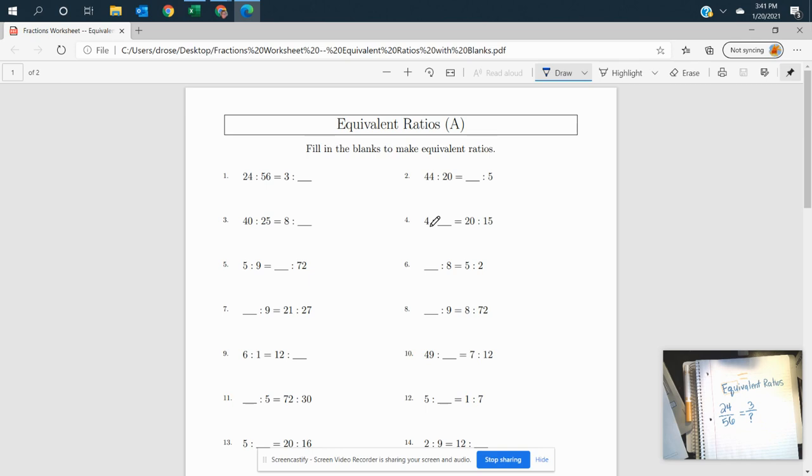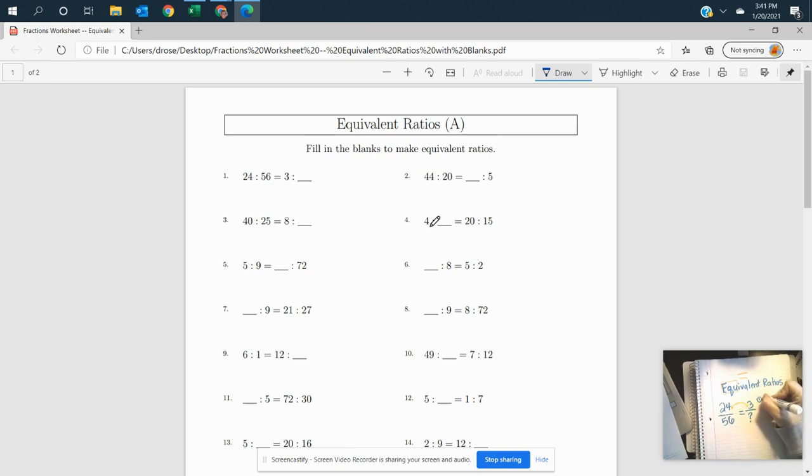Okay. So what I want to do is I want to see how did I take 24 to 3? First step is you're going to ask, is it getting bigger or smaller? Okay. So we think about, okay, going to 24 to 3.